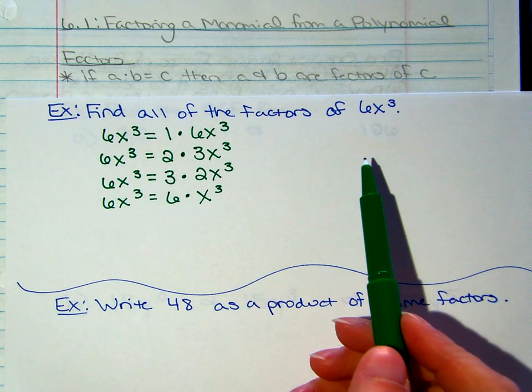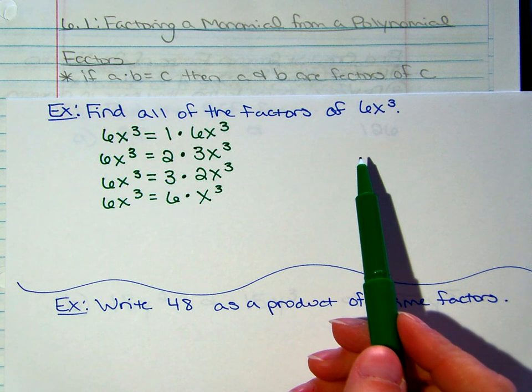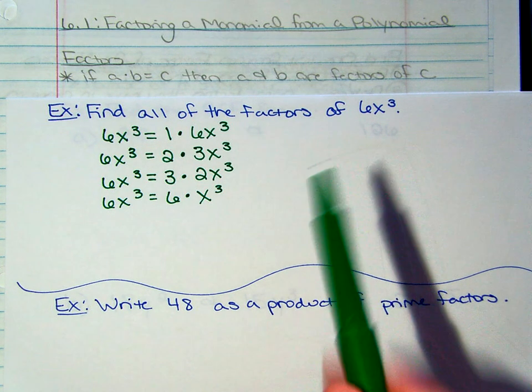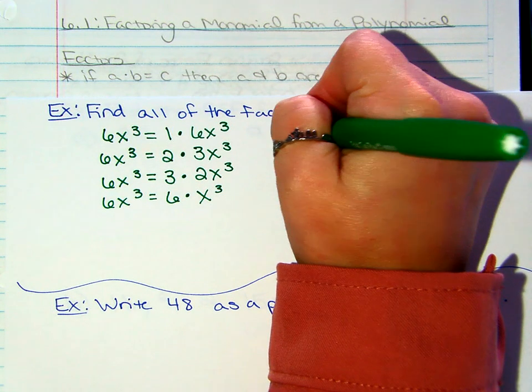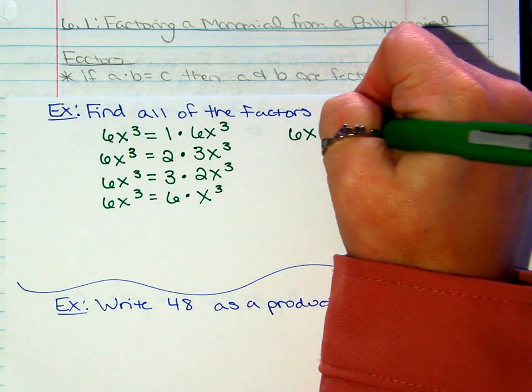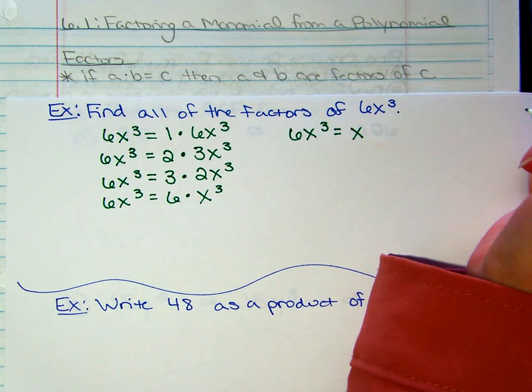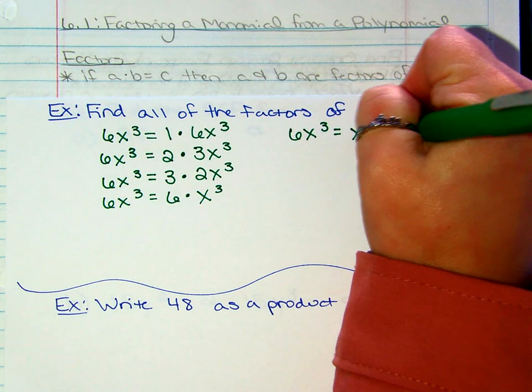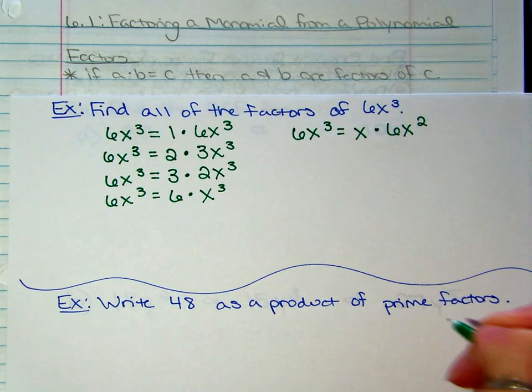Now I'm going to move over to the other side, and I'm going to start pulling out my x's and playing with them. So the first thing I'm going to do is I'm just going to pull out 1x. If I pull out an x, then over here I have 6x squared.